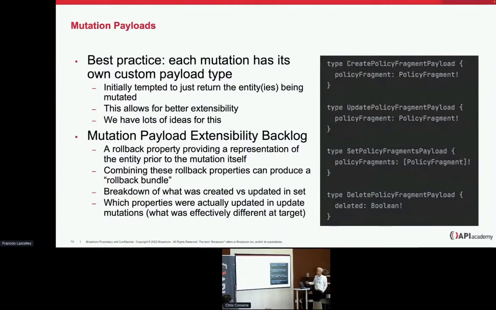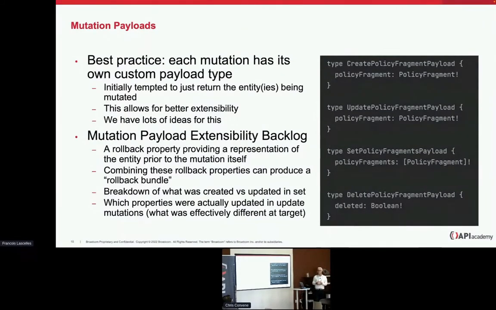For example, if you're setting a bunch of policy fragments, I can imagine that we'd like to be able to distinguish between which fragments were set versus which ones were updated, right? So we're going to extend that. Yeah, there's a whole bunch of other things about delete, or people also in payloads will sometimes have the concept of error.